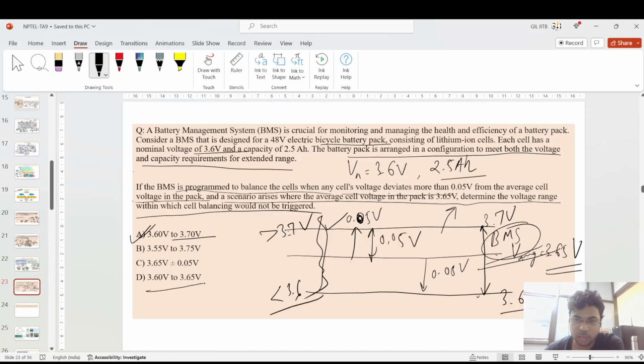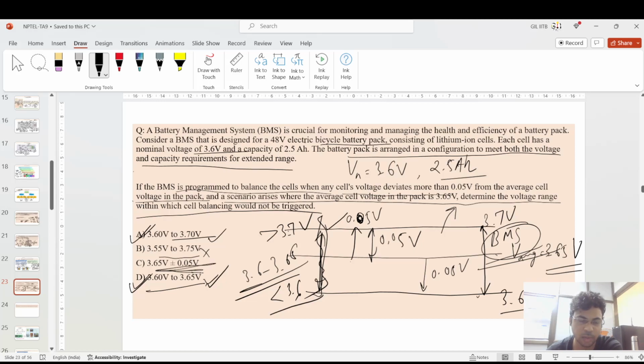How is D wrong? Okay, let me explain. 3.6 to 3.65 volt, actually that is also true, because it is coming within that band itself. That is also correct.